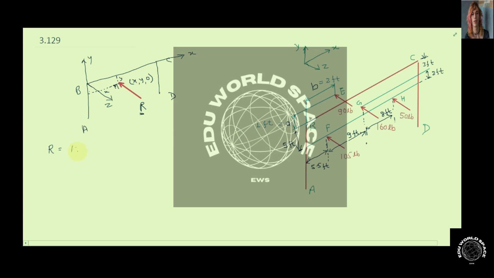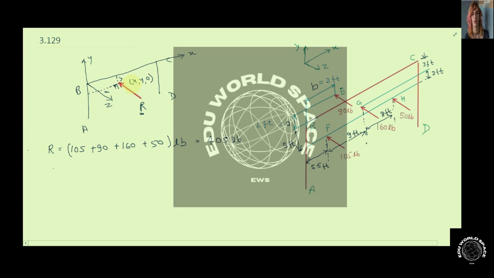We can write it as 105 pound plus 90 pound plus 160 pound plus 50 pound. So the equivalent force comes out to be, if we add these up, 405 pound. Alright, so now we have got the magnitude of the resultant force.